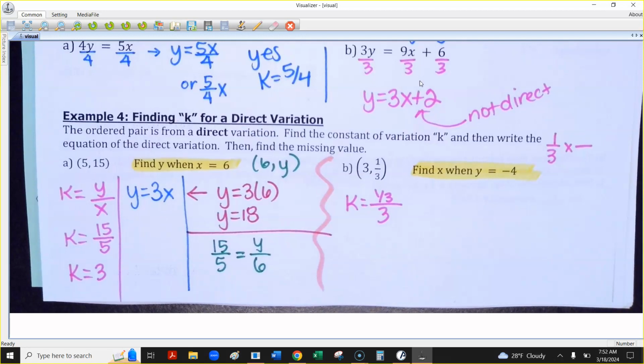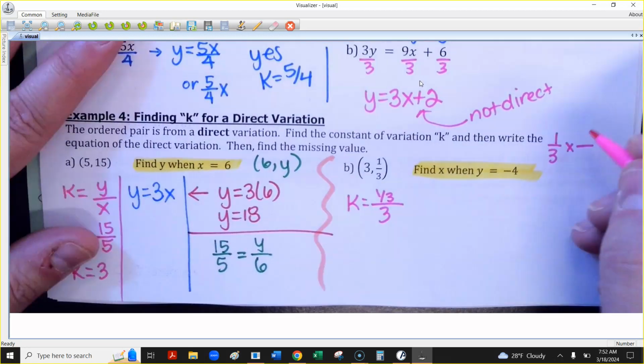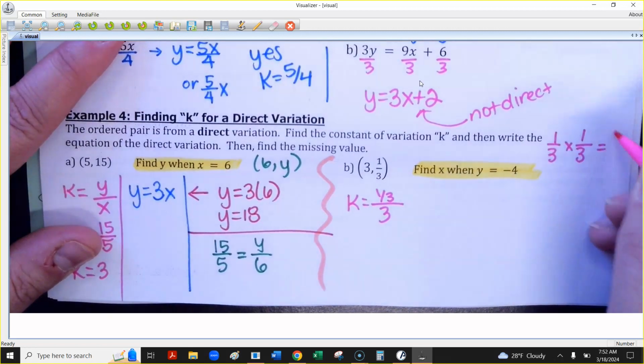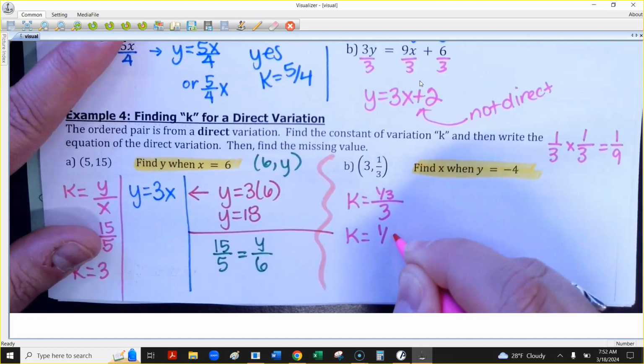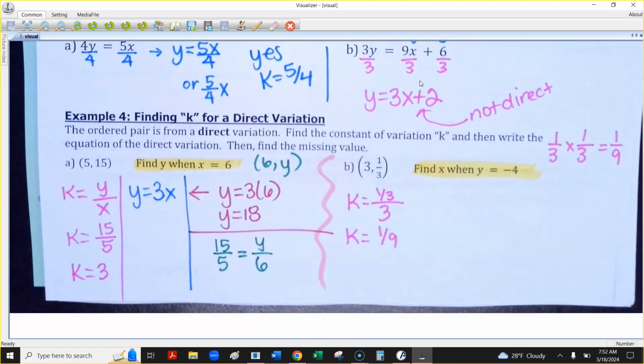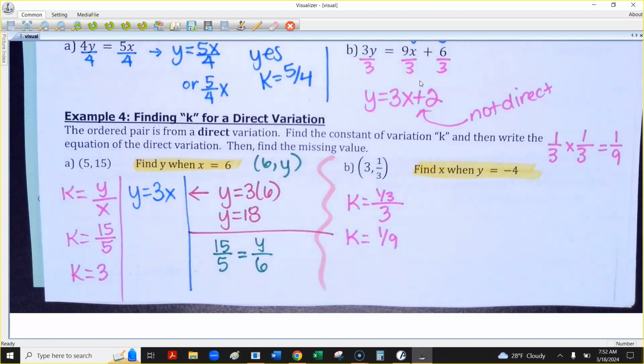So 1/3 divided by 3 is the same as 1/3 times 1/3, which is 1/9. And to be honest with you, if I see a problem like that, I know what's going to happen. The denominators just get multiplied together to create the solution for that. So k is going to be 1/9 for that problem.